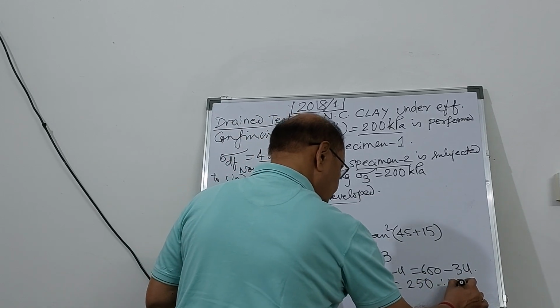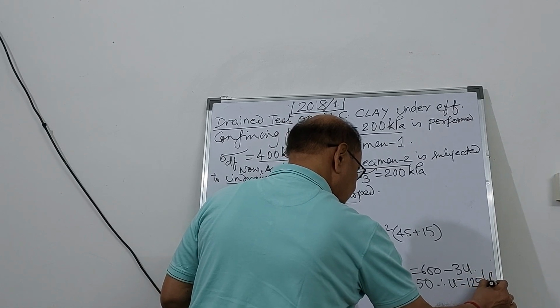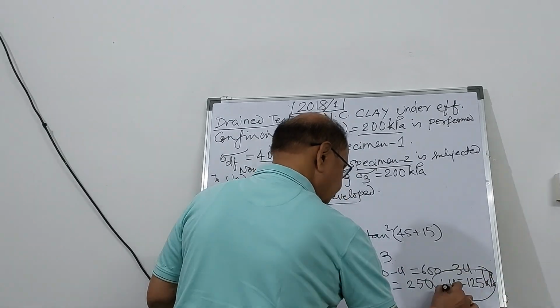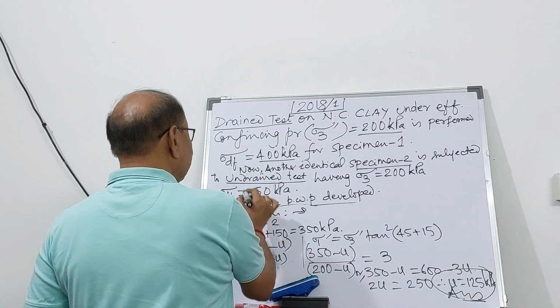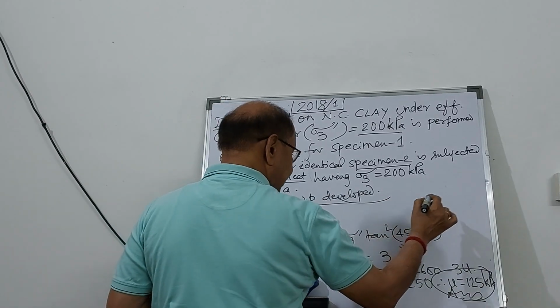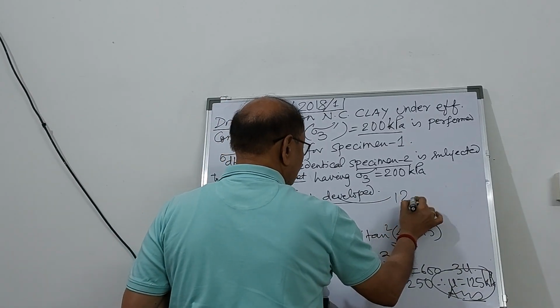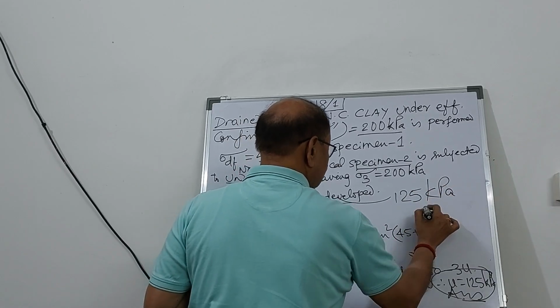Therefore, u equal to 125 kilopascal. So this is the simple way. This is the answer. Therefore, in this question, the pore water pressure developed is going to be 125 kilopascal.